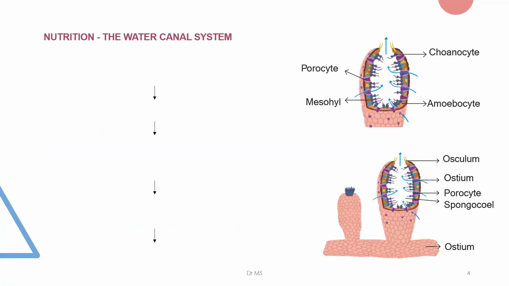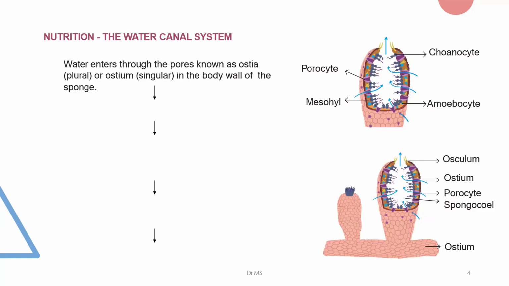The cells can be multicellular, but they are not arranged together into tissues. Okay. So coming to nutrition, water enters through the pores, which are known as the ostia. They have tiny pores from which the water enters. If it is plural, we call it ostia, and if it is singular, we call it ostium, which is present in the body wall of the sponge.